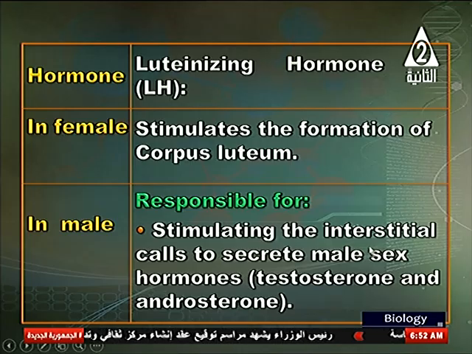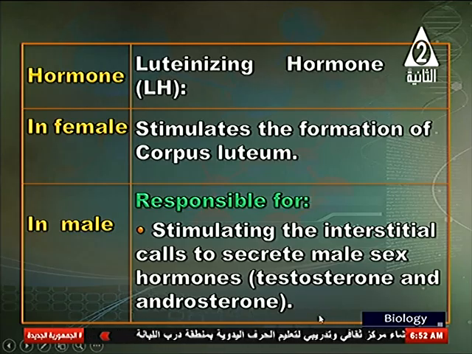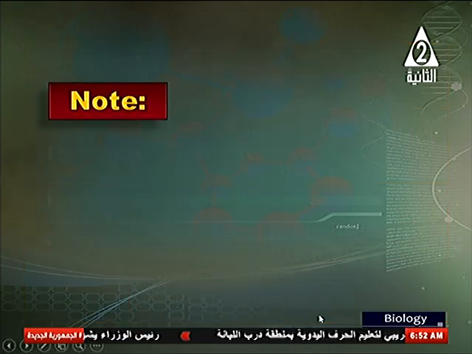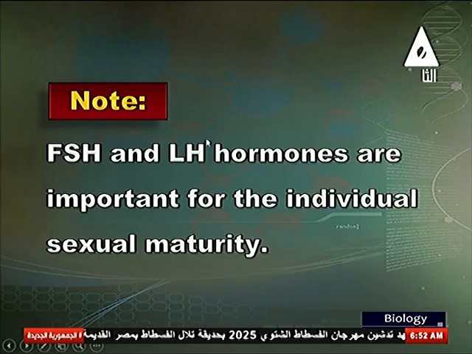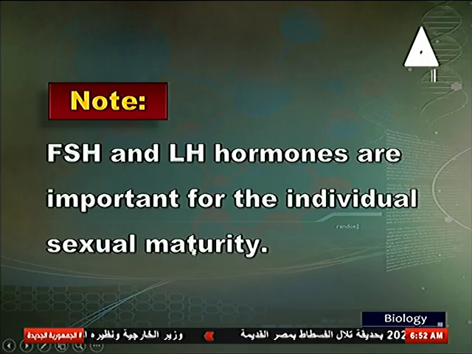It also stimulates the interstitial cells to secrete male sex hormones, testosterone and androsterone. Okay, so follicle stimulating hormone and luteinizing hormone are important for individual sexual maturity. If there is a deficiency in either of them, sexual maturity will be late or will not occur.